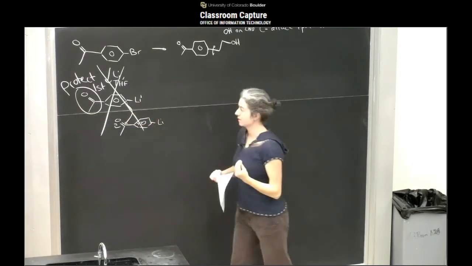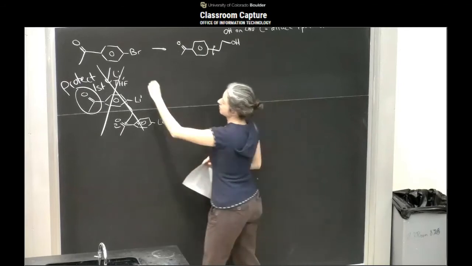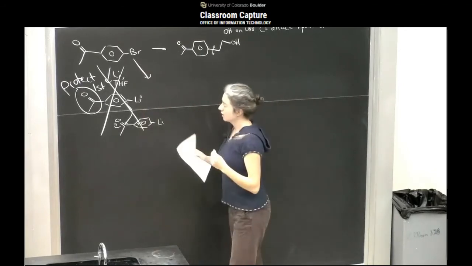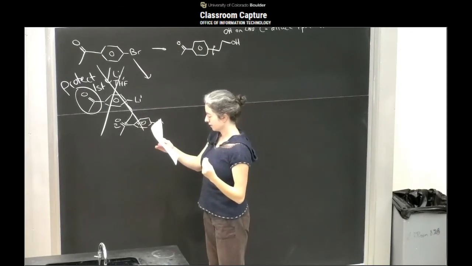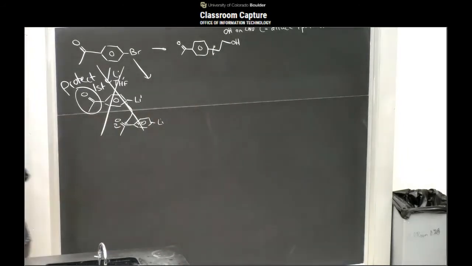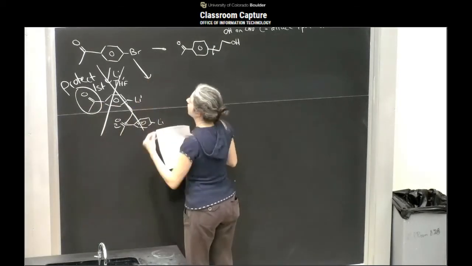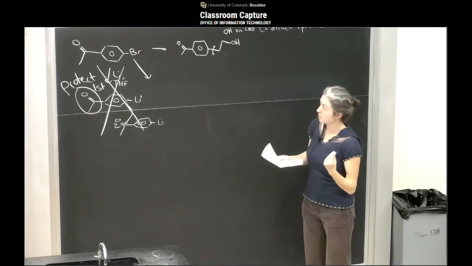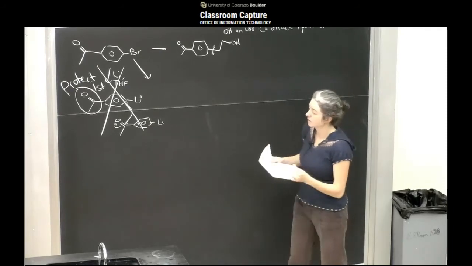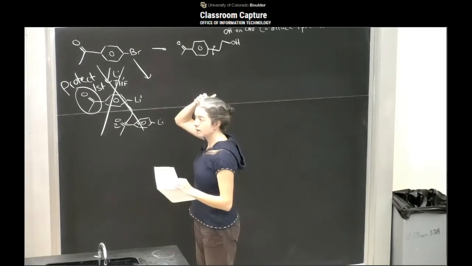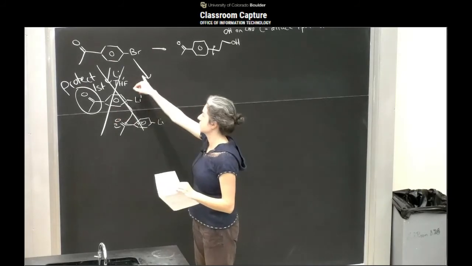So protect that first. Okay, so what I'm going to do instead is bring in ROH. I don't even have to be specific about what the R group is, because we'll cover some specific examples that work particularly well for this.